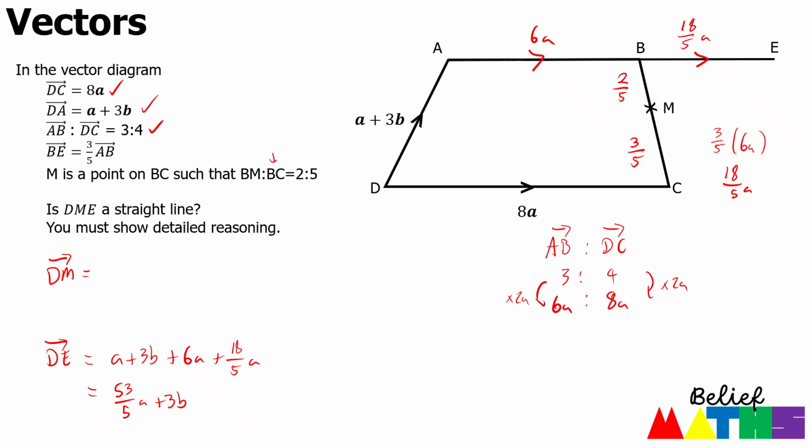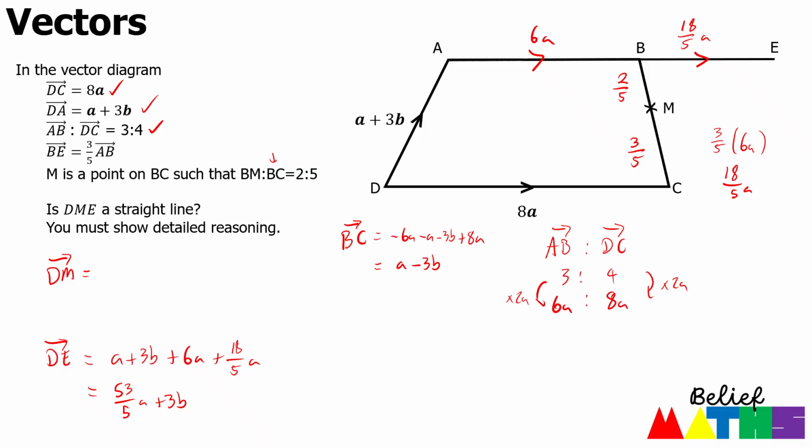Then we're going to look at DM. Now we need to find BM or CM to work that out. So let's start with BC. Now BC is minus 6A minus A minus 3B plus 8A. If we collect all those together, we get A minus 3B.